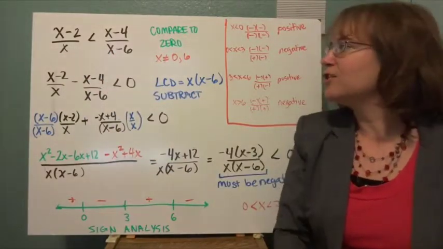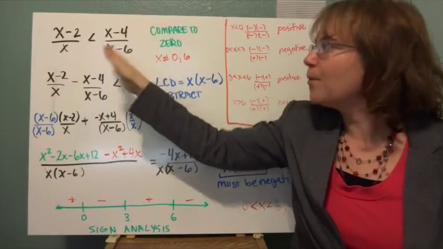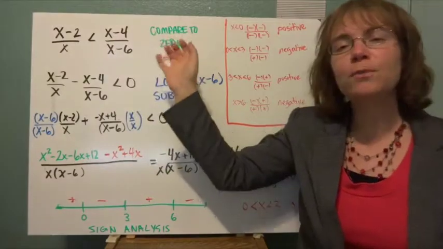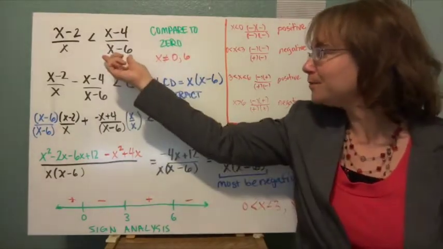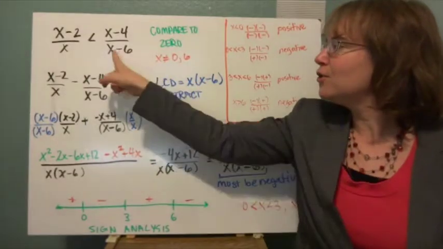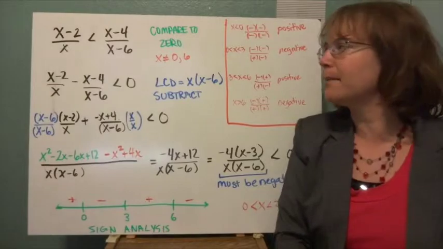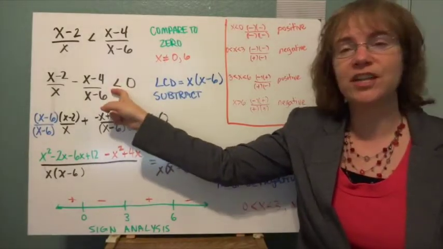So one of the strategies mathematicians use is take away that part of it. Instead of multiplying by a least common denominator, you can actually just look at these as fractions. So you can subtract this fraction from both sides. That way we're not multiplying by a negative and we don't have to switch that sign.